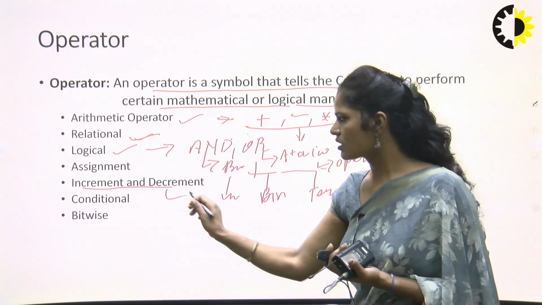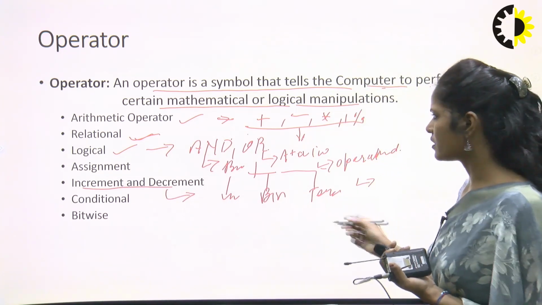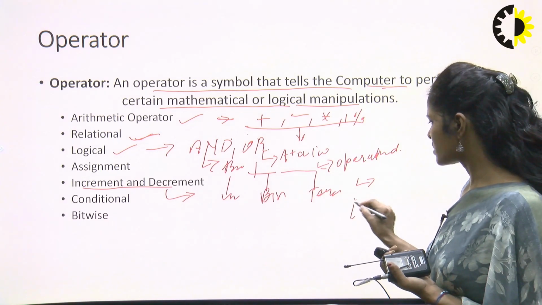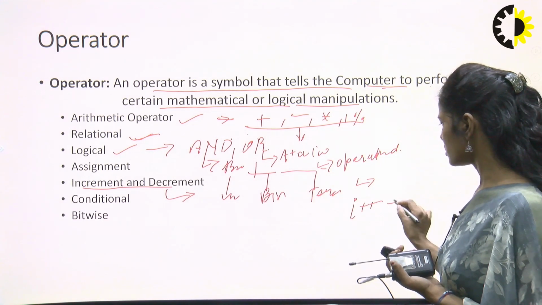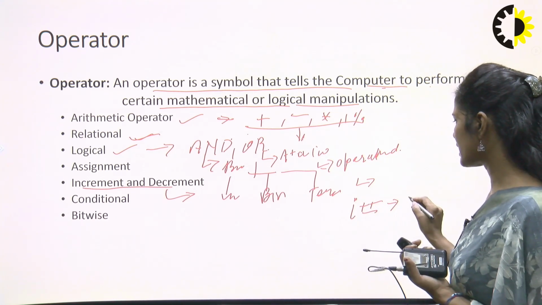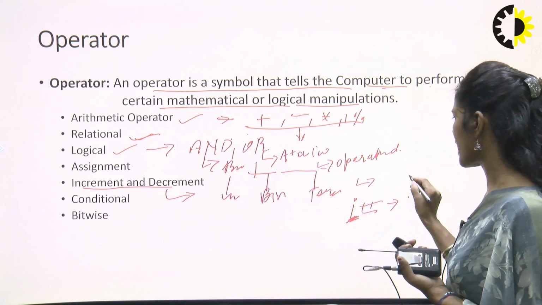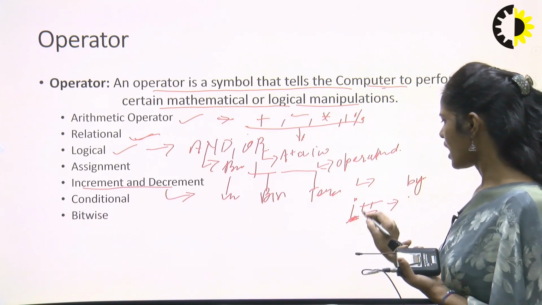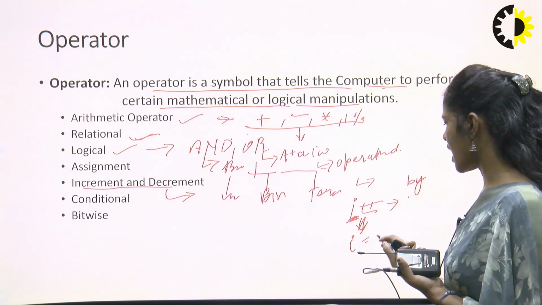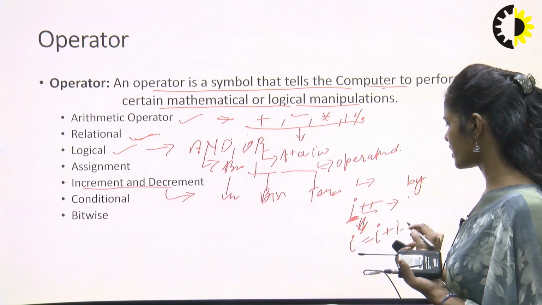Syntactically, what is the practical scenario of the increment? If I write i plus plus, this is the increment operator, because this operator increases the value of i by 1. I am writing this syntax as i becomes i plus 1.